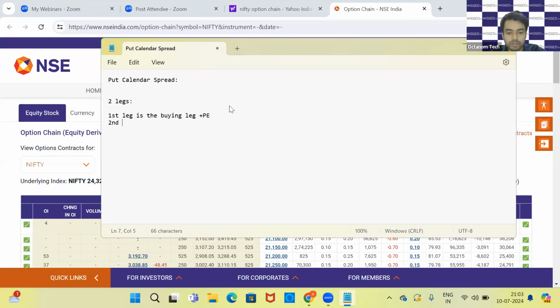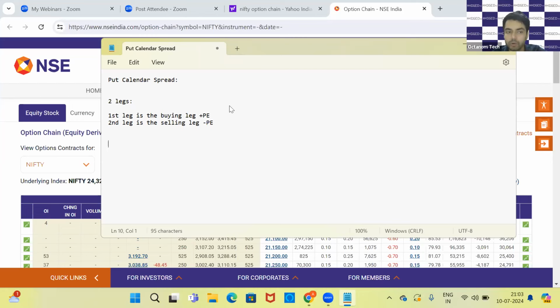The second leg is the selling leg. That is, you sell a put option. Now, if you search on Google, the definition for put calendar is that you buy a put leg and you sell the same put leg of a previous expiry.